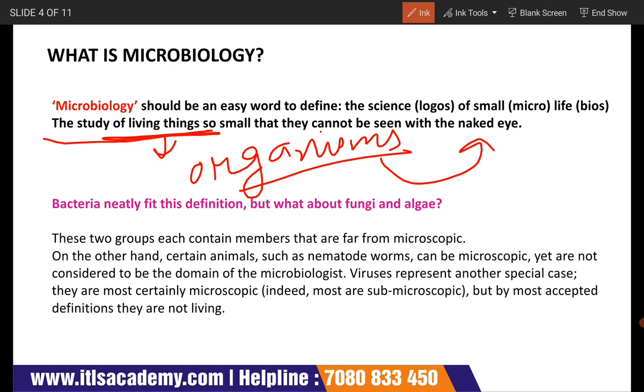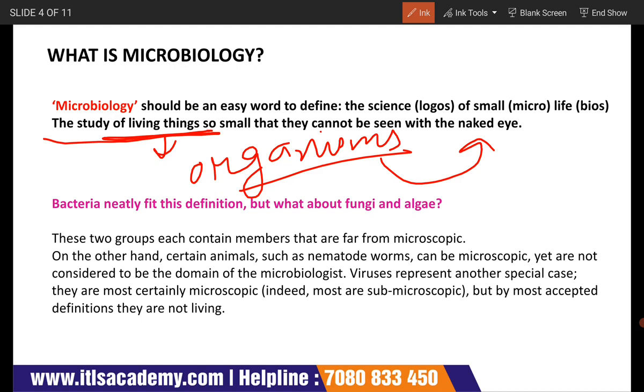Bacteria neatly fit this definition, but what about fungi and algae? Students, if we talk about bacteria, we all know that they are very small creatures that cannot be seen with your naked eyes. If I am sitting here, there are numbers and numbers of bacteria present on my skin, on my laptop, on my desk, but I'm unable to visualize them.